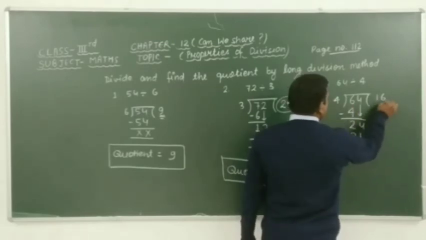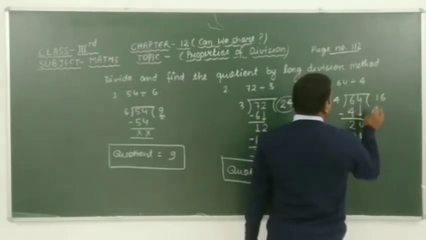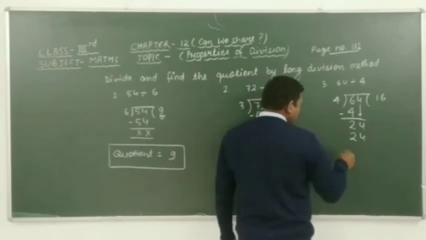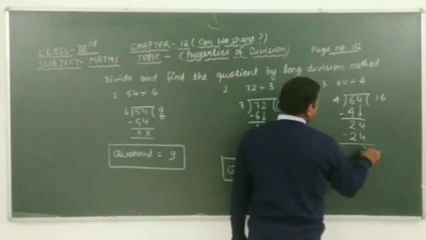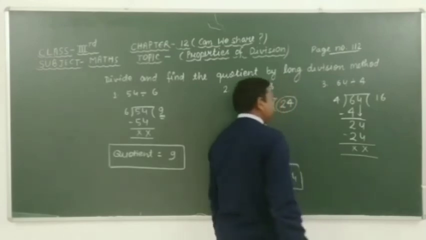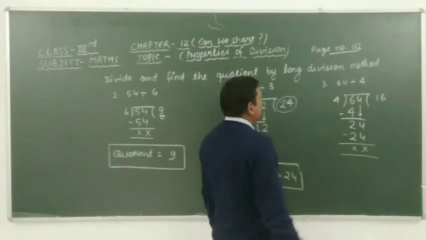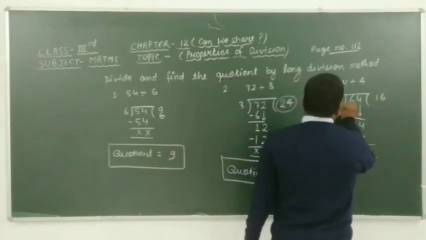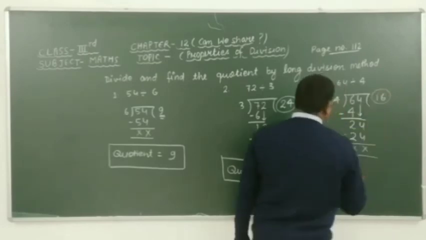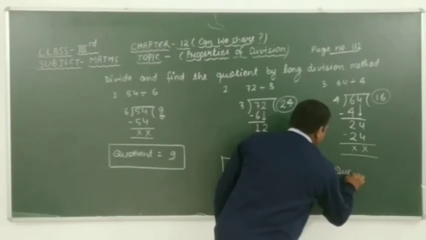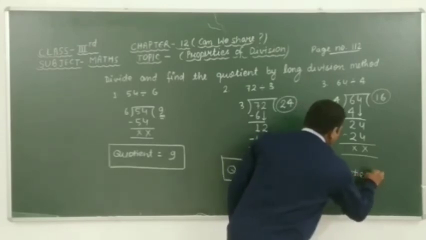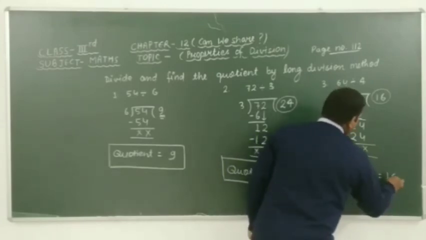It means we can write 6 in the quotient place, and here we write 24. After subtracting these we get 4 minus 4 is 0, cancel out, and 2 minus 2 is 0, cancel out. Okay students, after dividing these we get 16 as the quotient. Therefore we can write quotient is equal to 16.